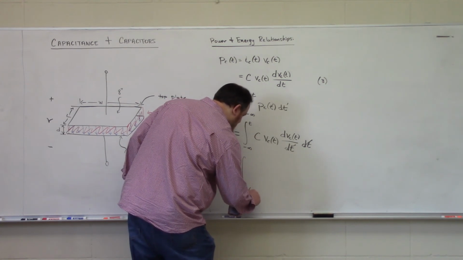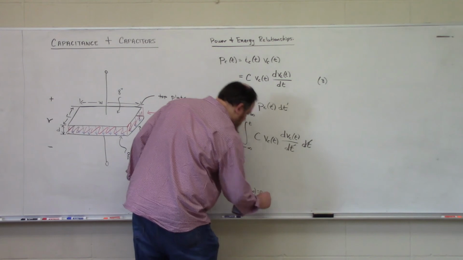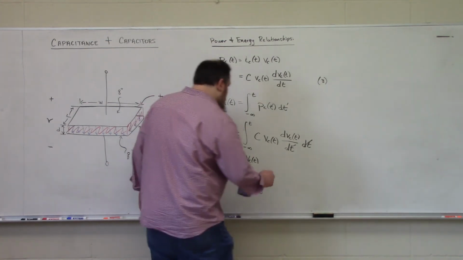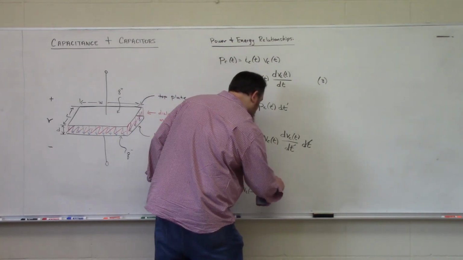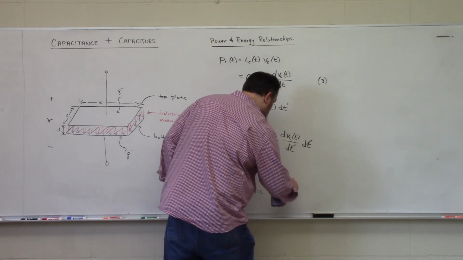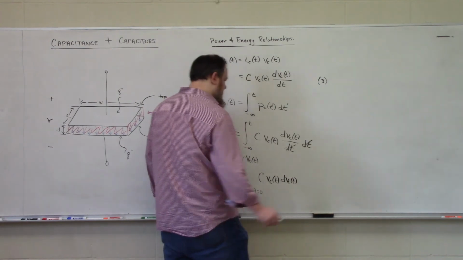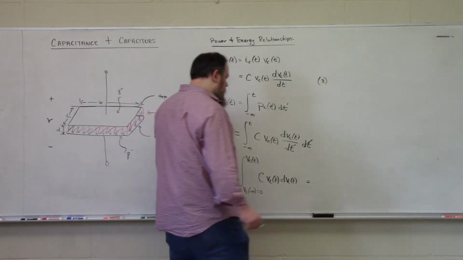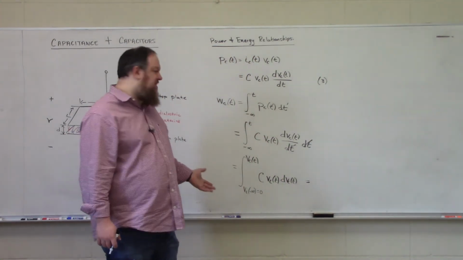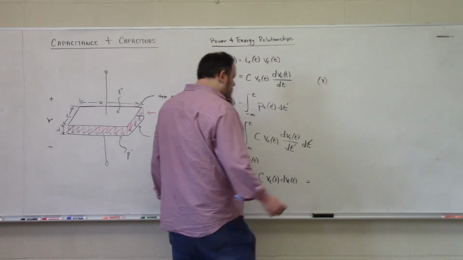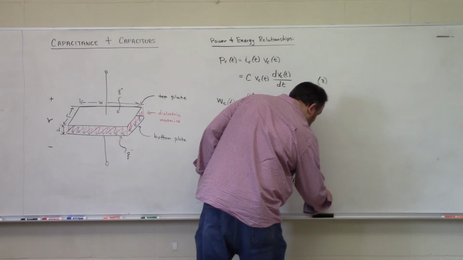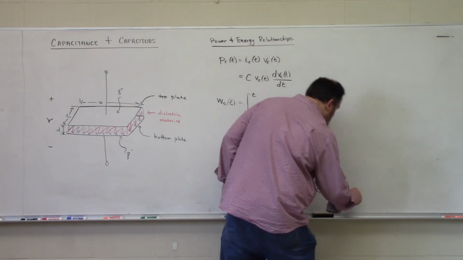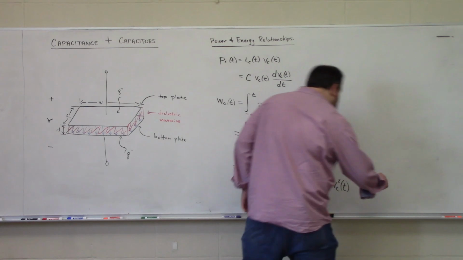So Vc at negative infinity is equal to 0, and we're going to integrate up to Vc at time t of C Vc dVc, and again, under the assumption that Vc at negative infinity was 0, meaning at the beginning of time the capacitor didn't have any initial voltage over it, this reduces to 1/2 C Vc squared. So this is our fourth equation.